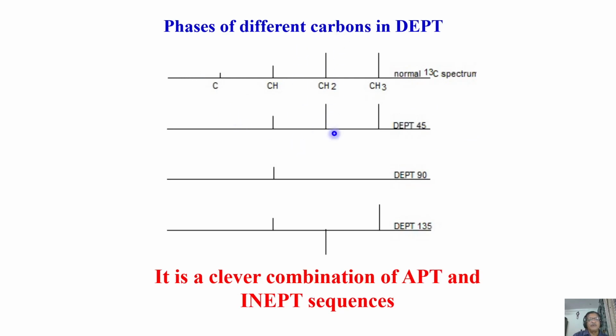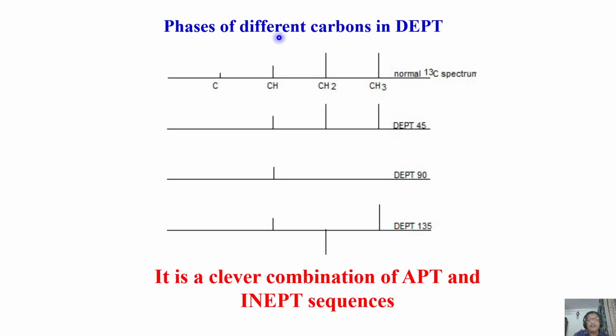Find out the difference between this and this. You know all the quaternary carbons. That is one way; identification of quaternary carbons is done. Next, DEPT 90, you get only CHs. That means you have already identified this because of this, and you have already identified this because of DEPT 90. Now do DEPT 135.